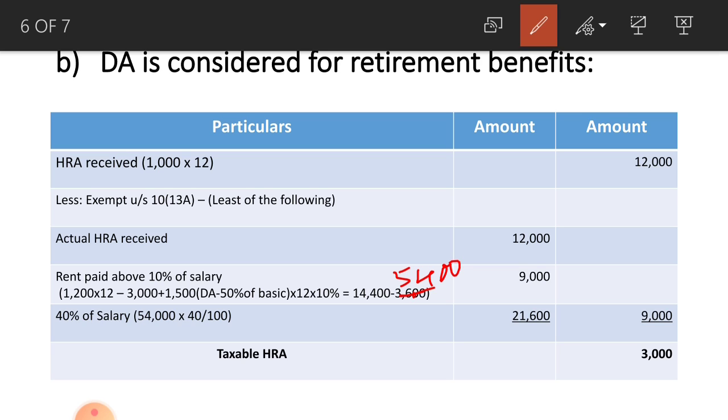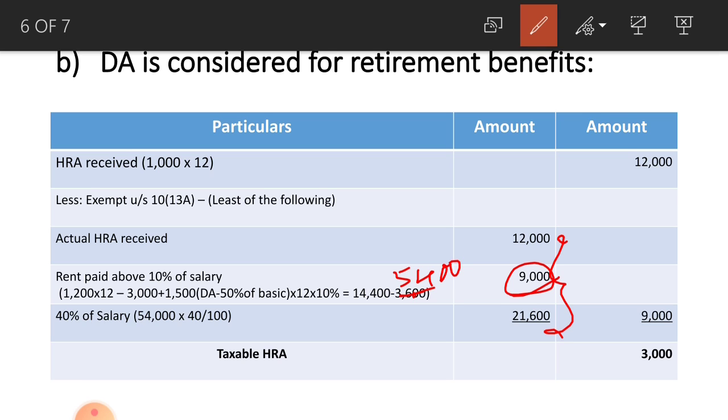Okay. Next, last one, 40% of salary, that is 54,000 is your salary, that is 4,500 into 12. Of that 40% amounts to rupees 21,600. So least of the following is exempted amount of HRA, that is 9,000.